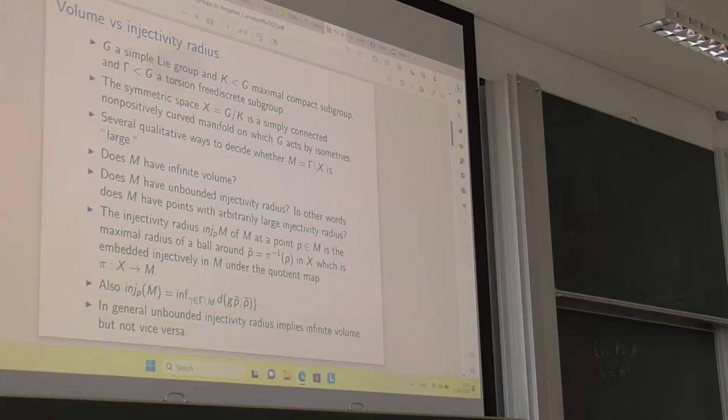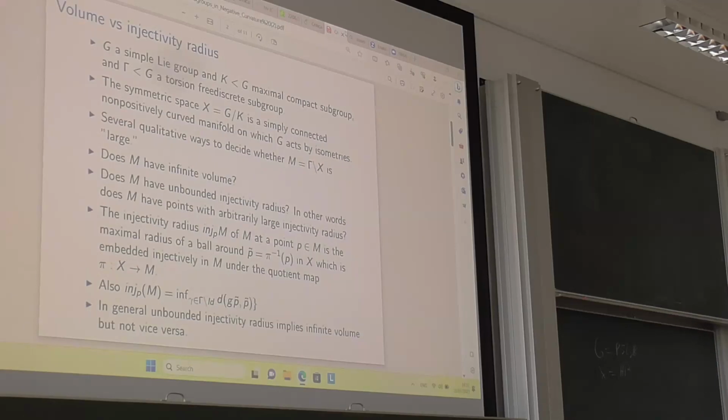For example, you can say it's small if it's compact. You can ask whether it has infinite volume. Another thing you can ask is if it has unbounded injectivity radius. What I mean by that is, are there points in M with arbitrarily large injectivity radius?